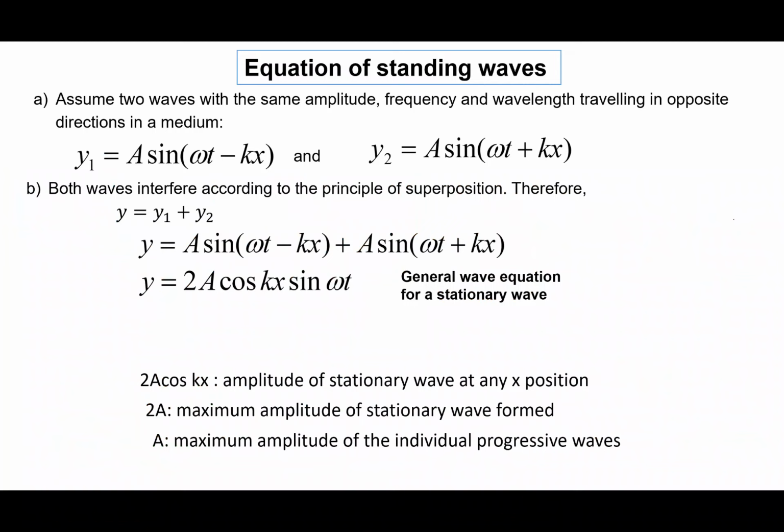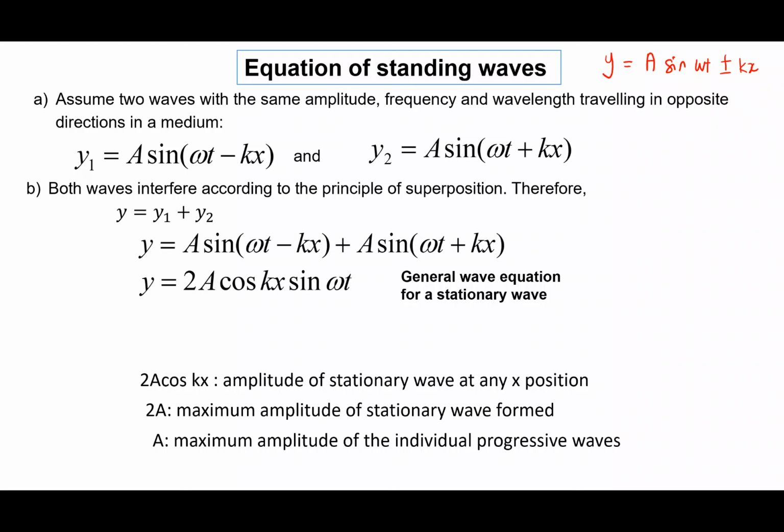Okay, let's move to the equations of the standing wave. Tadi kita dah bagi tahu, standing wave ni disebabkan oleh dua wave yang travel in opposite direction. Sebelum ini untuk progressive wave kita ada general equation. Kalau you masih ingat, y equals a sin(ωt ± kx).